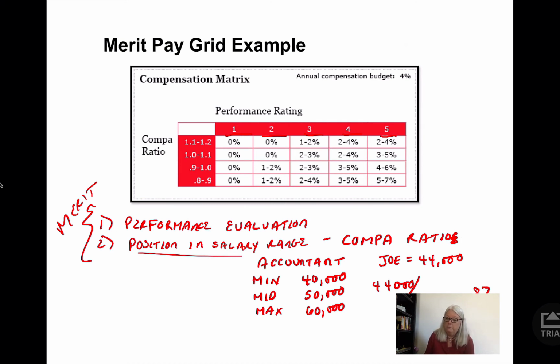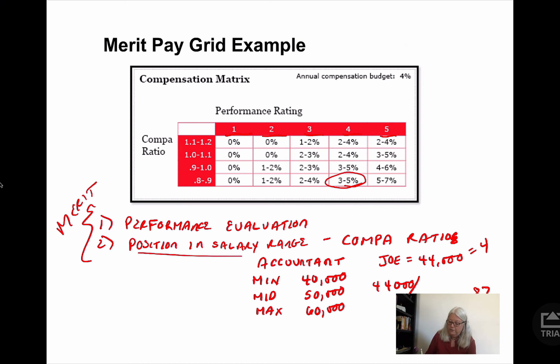So Joe is below the midpoint. Let's say Joe got a 4 on his performance evaluation. I would simply go up to this chart, and Joe's compa ratio is 0.87, so that would be here. So Joe would get between 3 and 5%. And this is a general guideline.